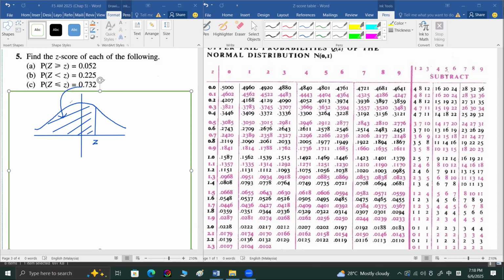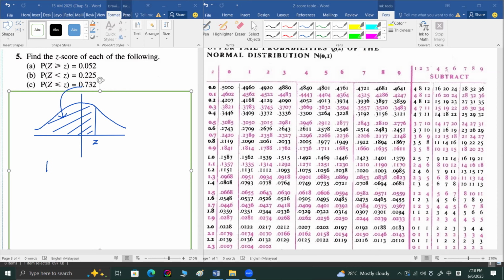So, class, remember I said the table? The maximum is 0.5. We can't have such a big number. We can't get such a big number from here. So what you need to do to get this region is to take the whole thing, 1 minus 0.732.